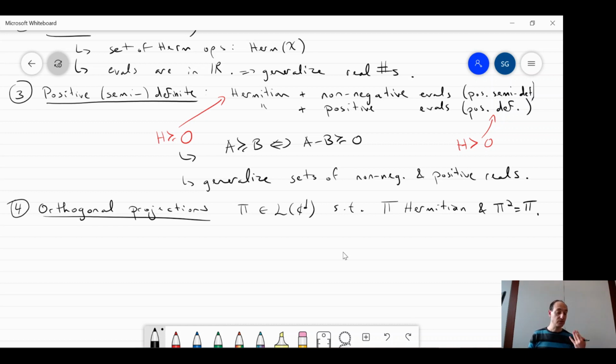So when you square it, nothing happens beyond the first application. And from the fact that pi squared equals pi, and the fact that it's Hermitian, take the spectral decomposition, you'll see that the eigenvalues of a projection are always in {0, 1}. So in this sense, projections generalize the bit 0, 1.